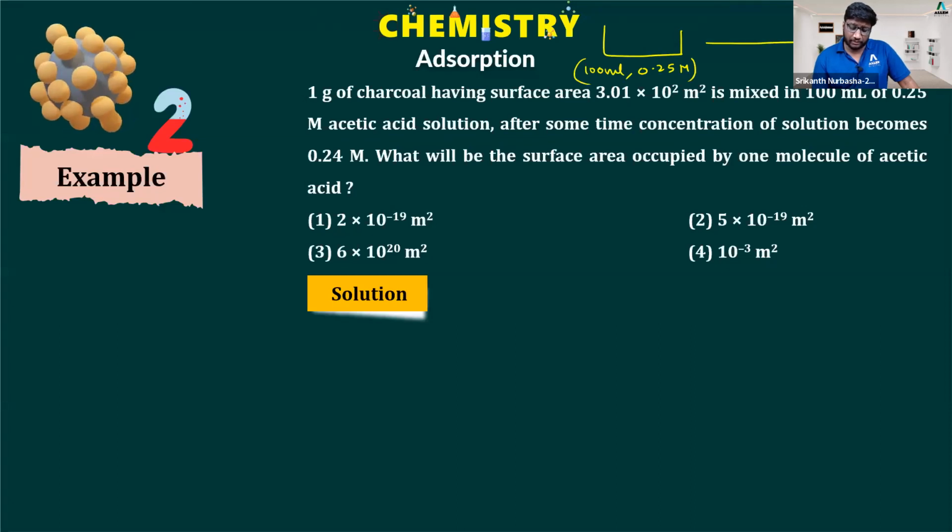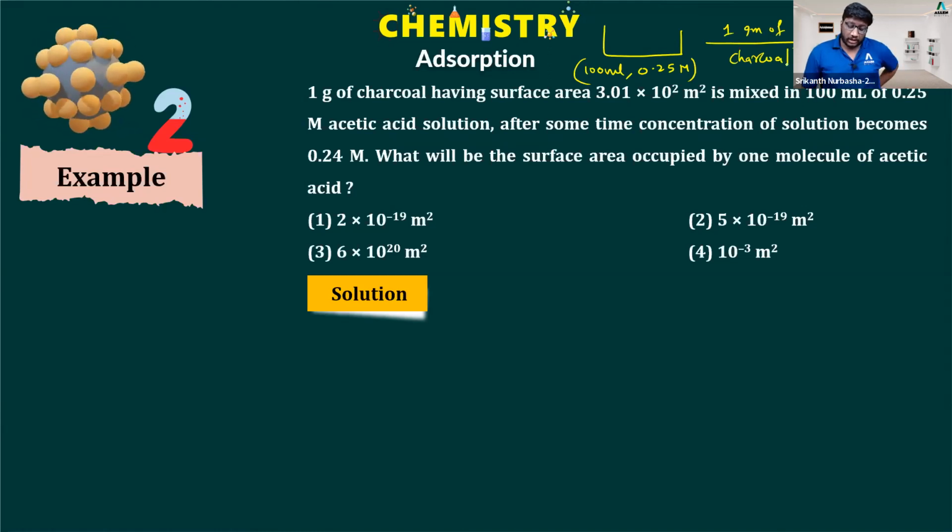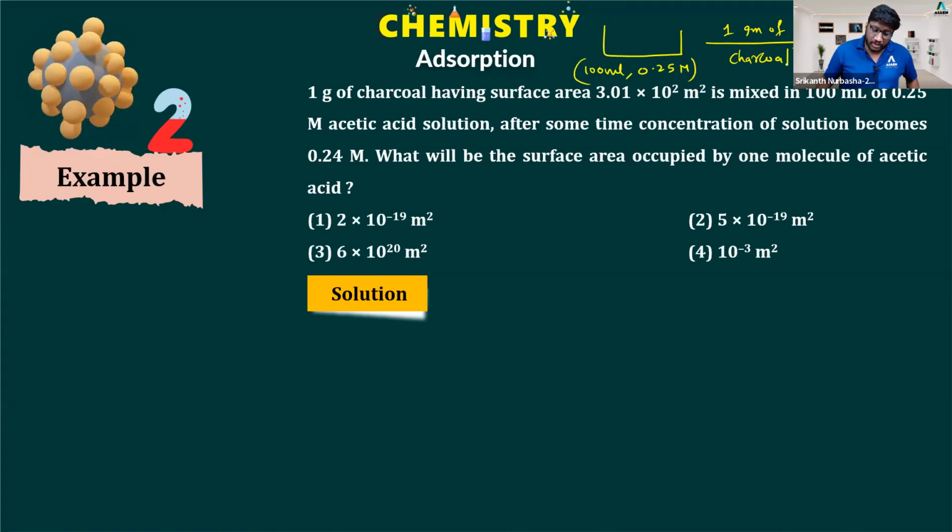To this we have added 1 gram of charcoal, which is having some surface area of 3.01 into 10 power 2 meter square. After addition, what happened? After some time, the concentration of solution becomes 0.24 molar. Slight change in concentration.